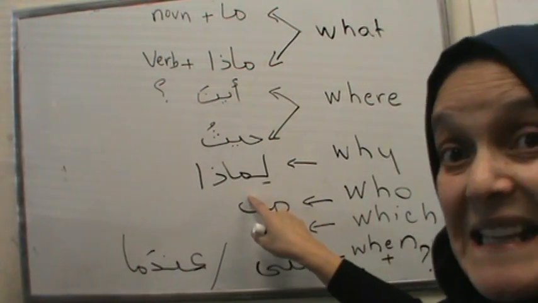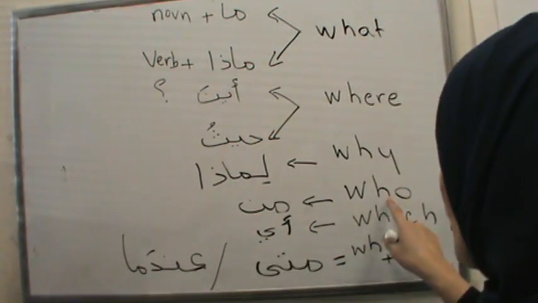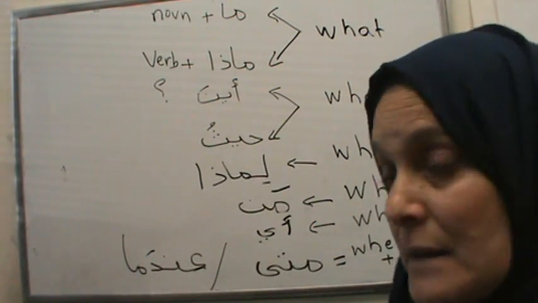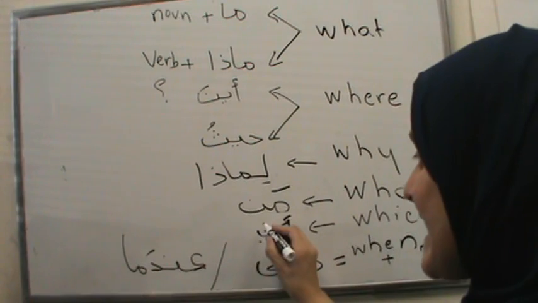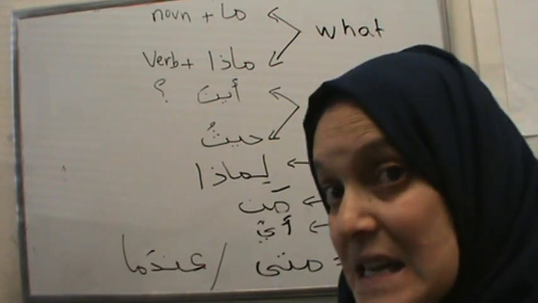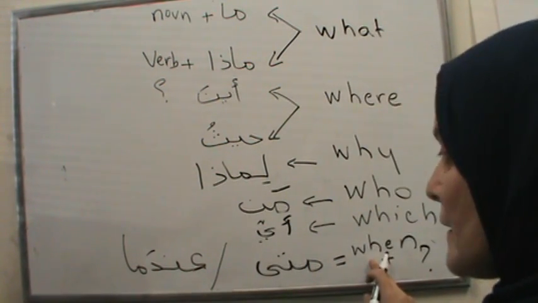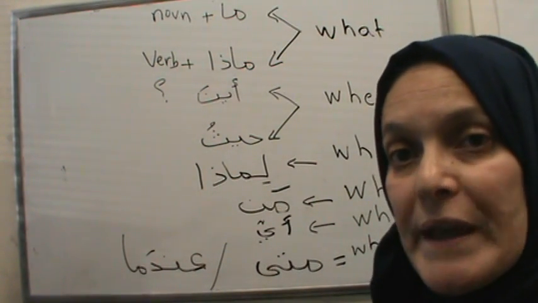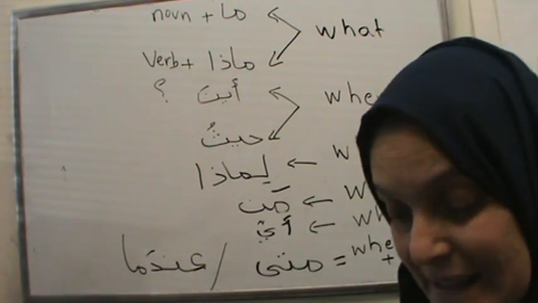Why is لماذا. Who is من. Which is a, it's a double, like a. When with a question is meta, and when with a statement is عندما.